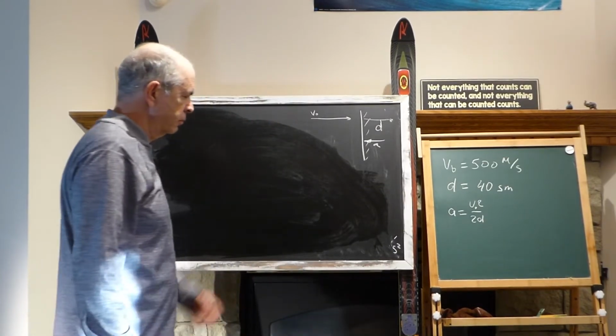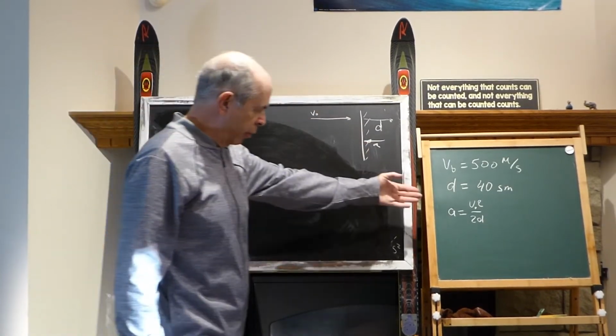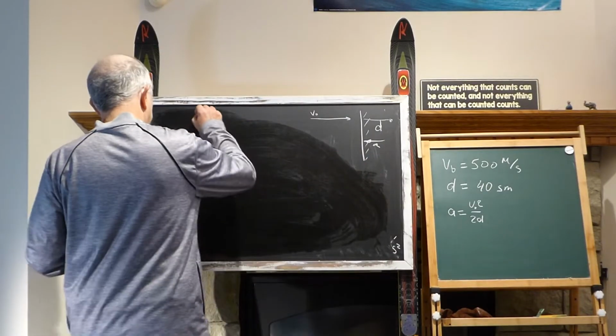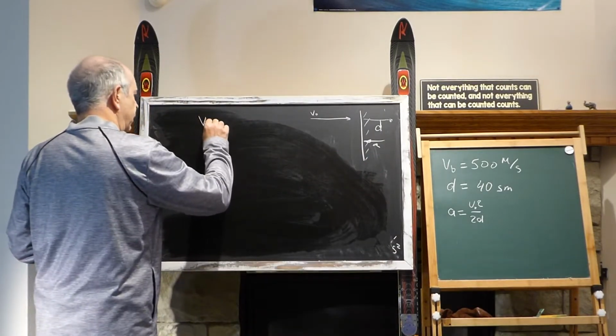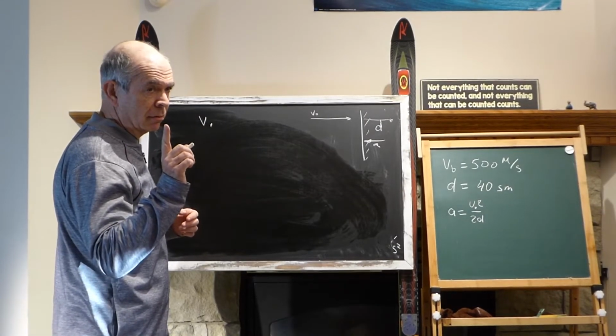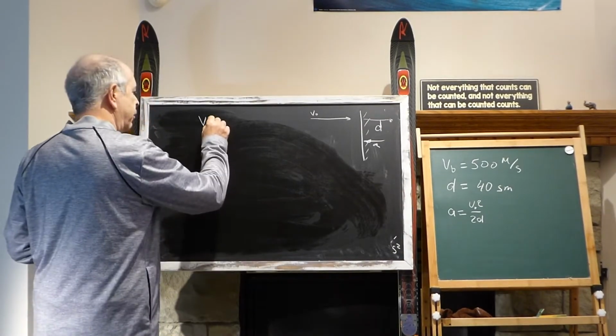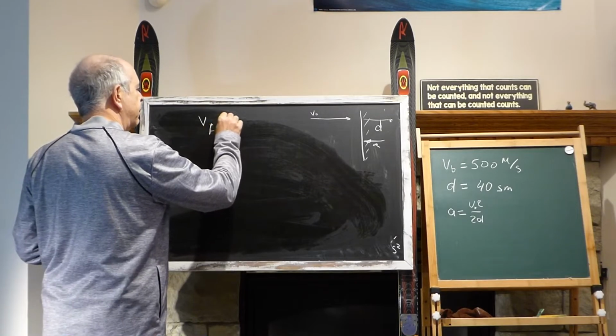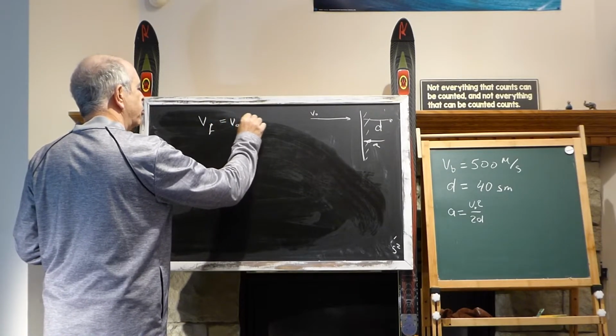So, we know V0, we know A, immediately the formula comes to mind. Pause. The formula that should come to mind is V final equals V0 plus AT.